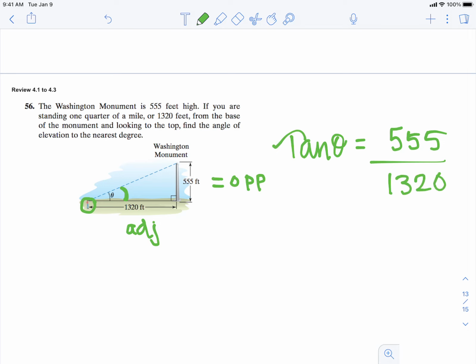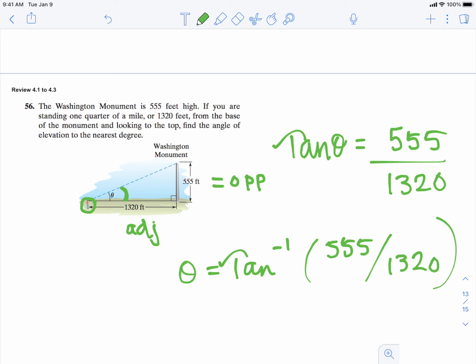Now to find an angle measure, we're going to use inverse trig. And then we would use our calculator, make sure we're in degree mode. Go second tangent, tangent inverse. And it says to the nearest degree. So that would be 23 degrees.